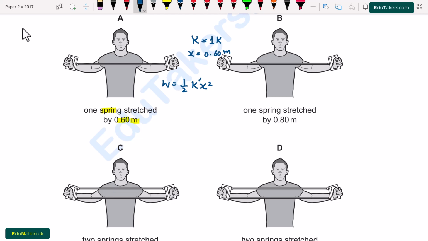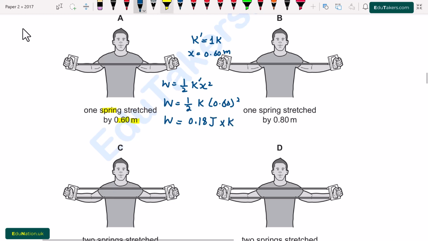I write here k prime to differentiate between them. So work will be equal to 1 over 2 k into 0.60 square. Then the value of work will be equal to 0.18 joule multiplied by k.